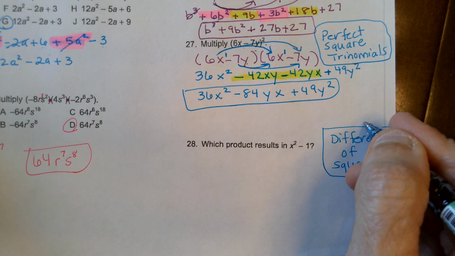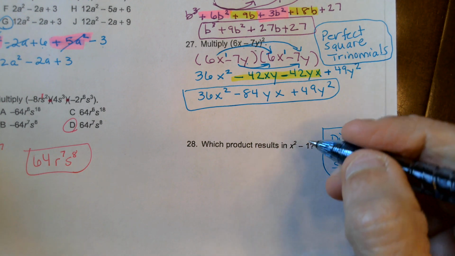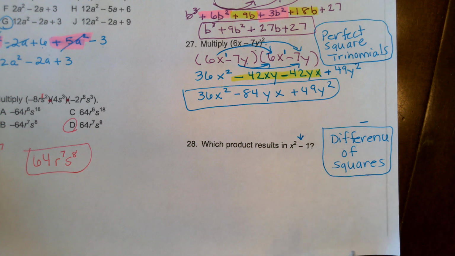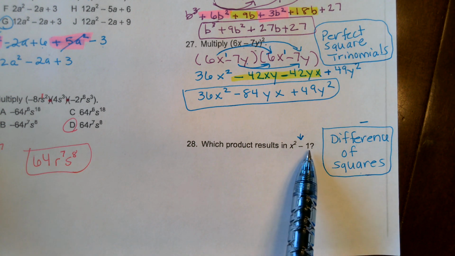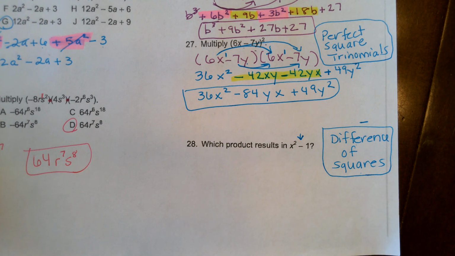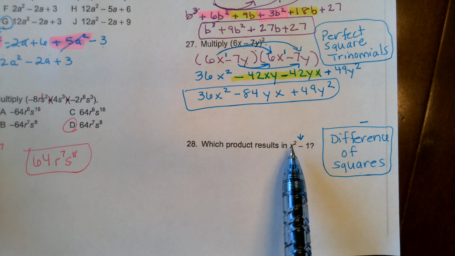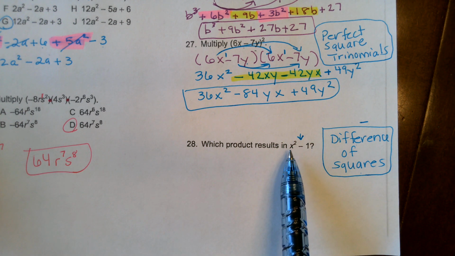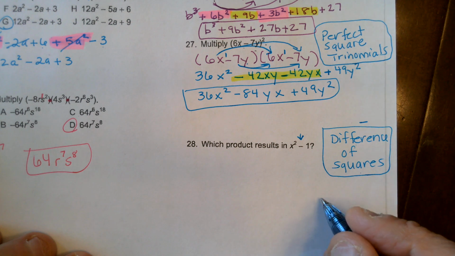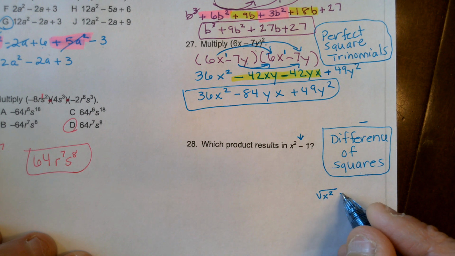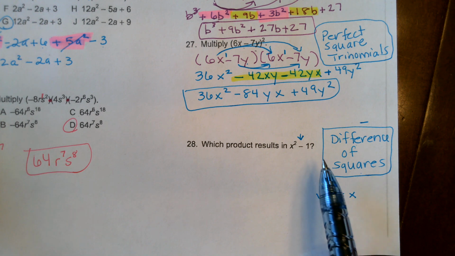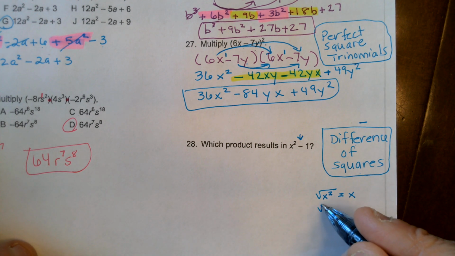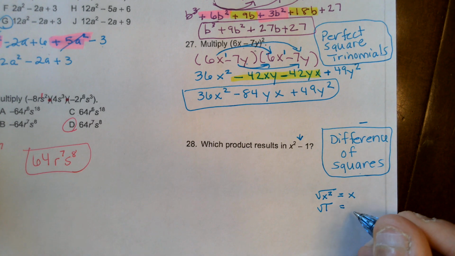It means subtract. Okay, do I have that? Yes. Squares means, do I have two things here that when you take the square root, you get just a normal whole thing? Like, what is the square root of x squared? Square root of x squared is x. Good, that came out nice. How about the square root of 1? Does that come out nice?